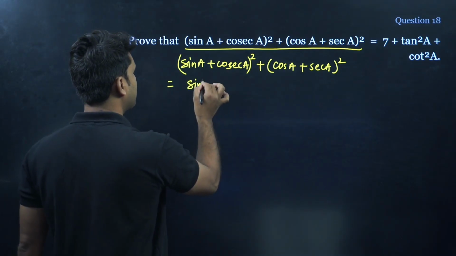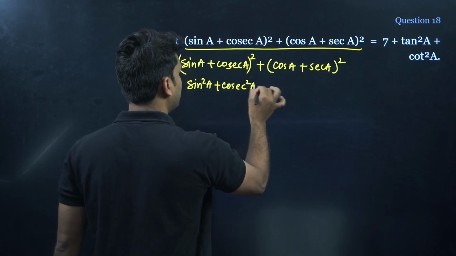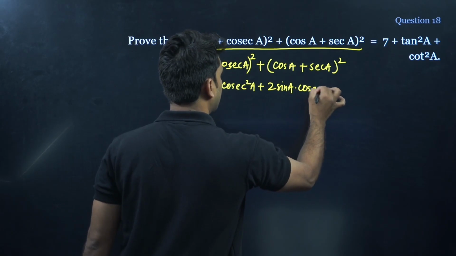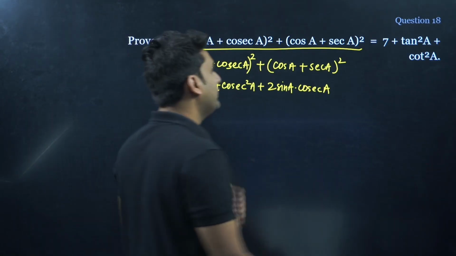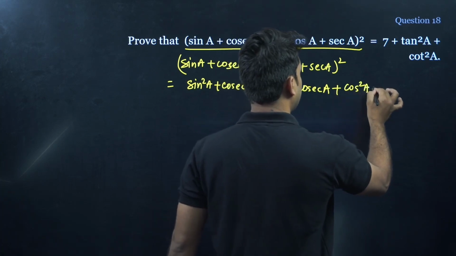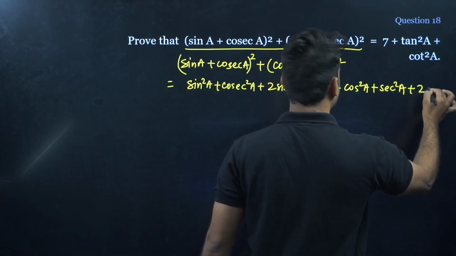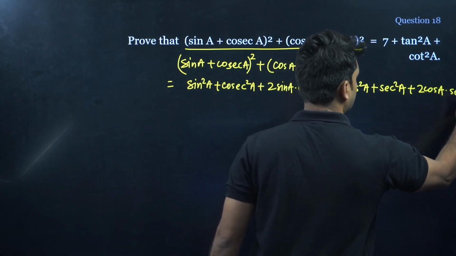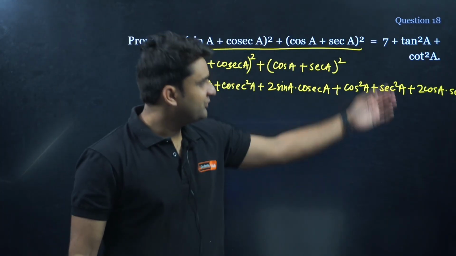So A square plus B square plus 2AB: sin square A, cosec square A, plus 2 sin A cosec A. Now similarly here, A plus B whole square: A square plus B square plus 2AB.